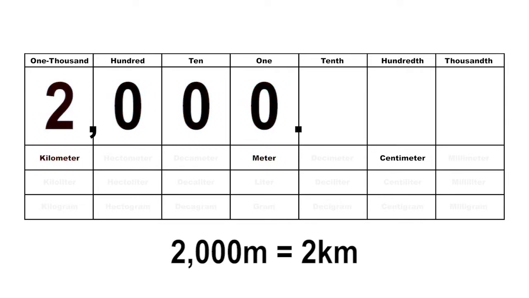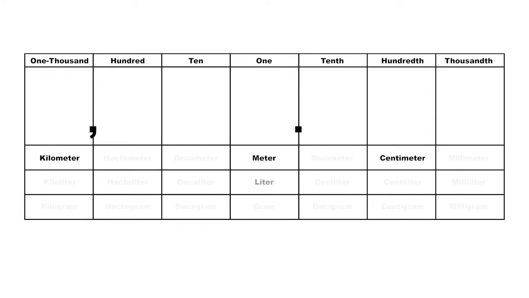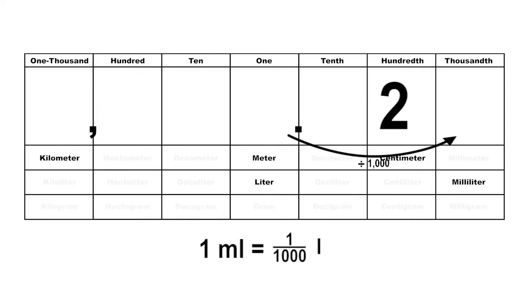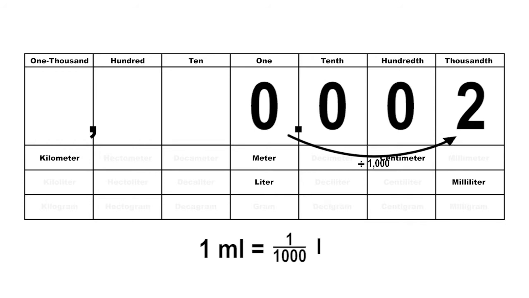Another metric unit students learned in the 3rd grade is the liter. It is the base metric unit for volume. Again, the liter represents one of the base units. Another metric unit is the milliliter. Its value is 1/1000th of the liter, so it is 1,000 times smaller than the liter.